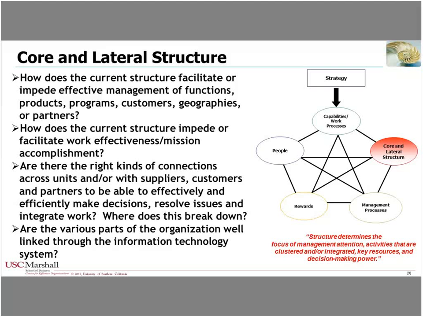So for every choice you make for a core structure, you have to balance it with a trade-off, and think about how to laterally or horizontally integrate the units in the core structure. If you've got a geography-based organization, you have to think about how you work the product dimension across geographies. We call these lateral structures.